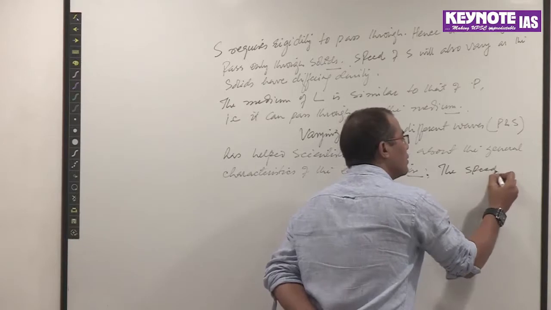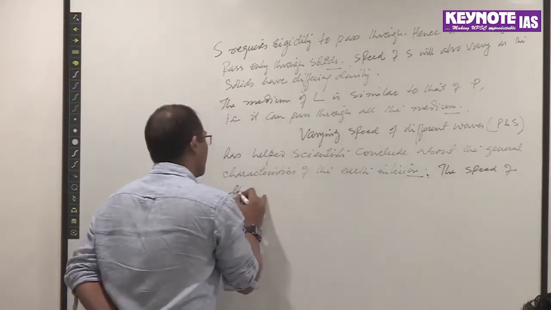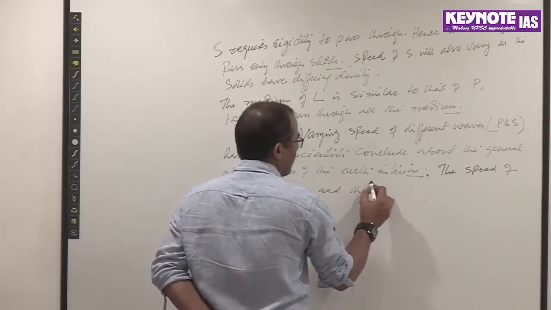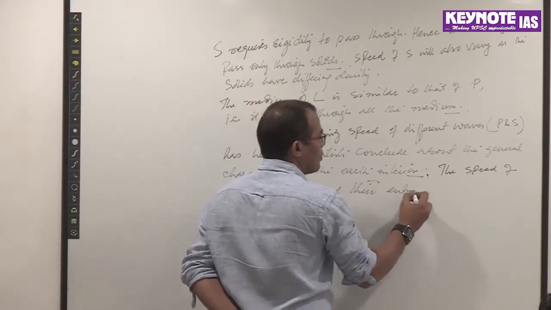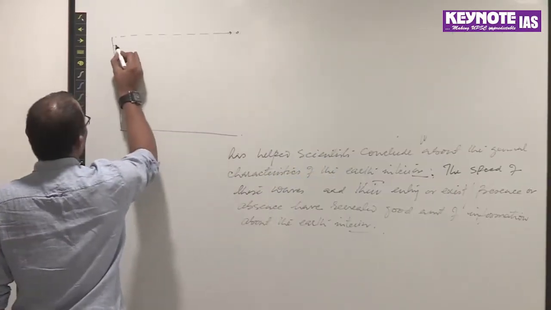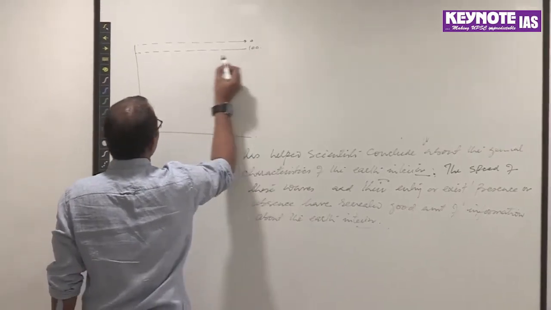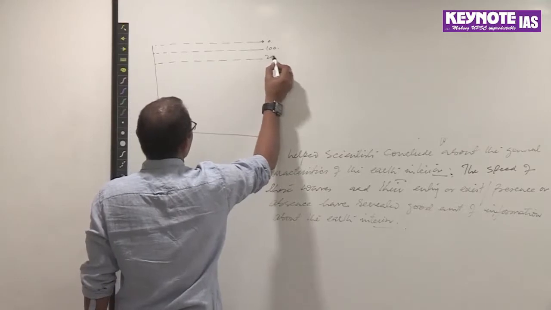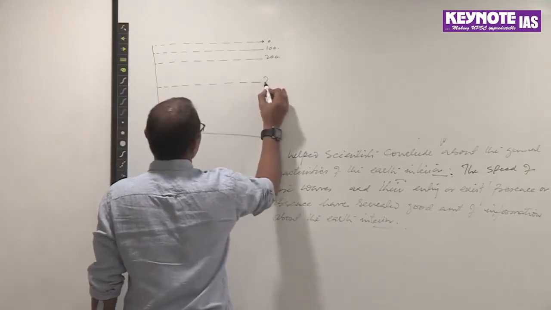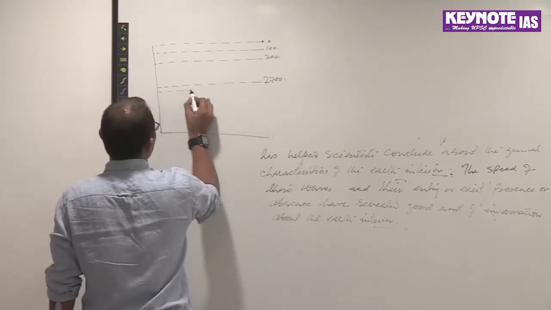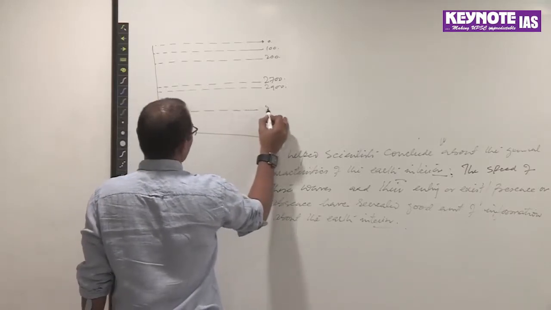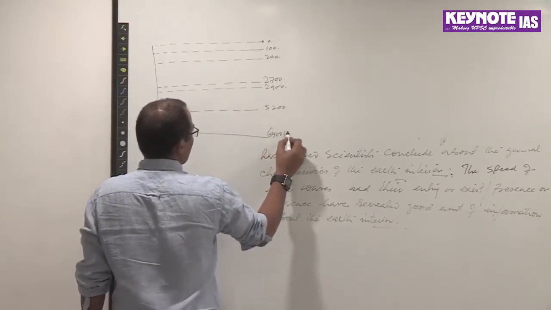The speed of these waves and their entry or exit present the top 100 kilometer, 200 kilometer, 2700 kilometer, 5200 kilometer, 60 to 400 kilometer.